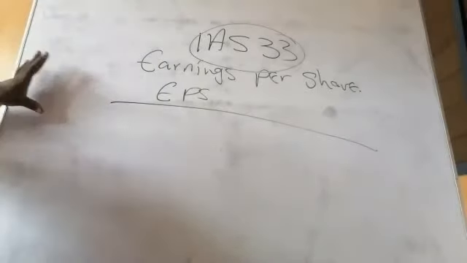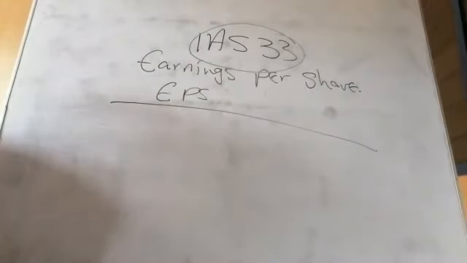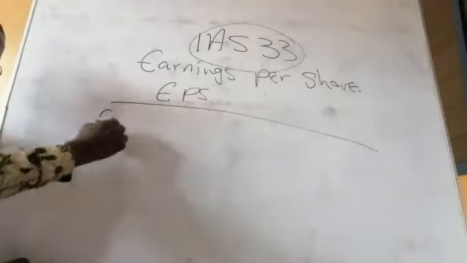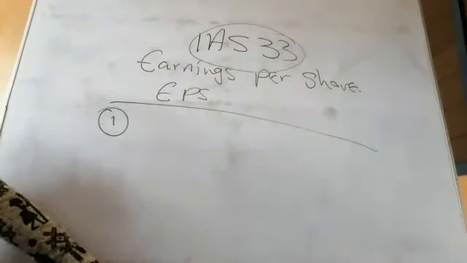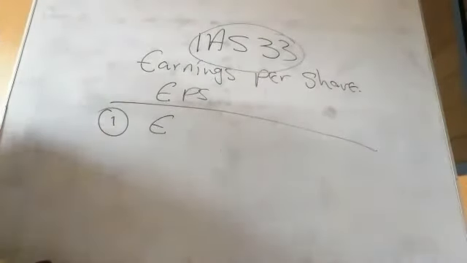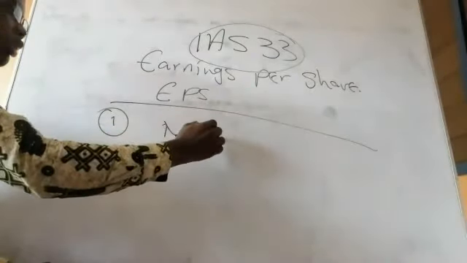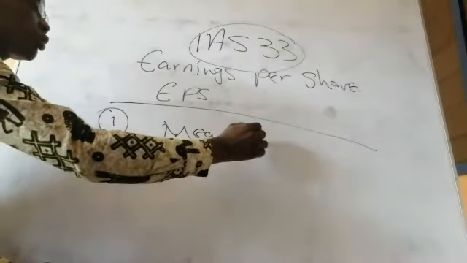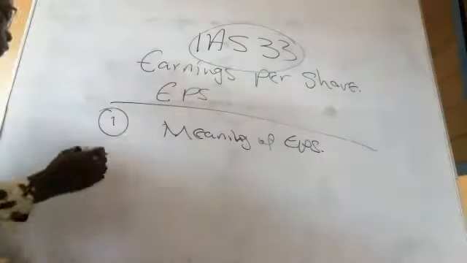Now, in this standard, we are going to look at a few items. Let me list them here for you. First, the basic definition or explanation of earnings per share, the meaning of earnings per share.